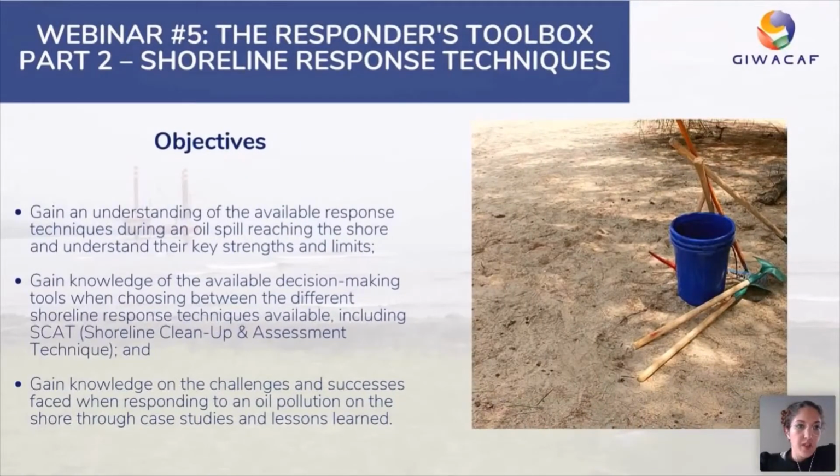Today we'll be talking about shoreline response techniques, with the objective of gaining an understanding of the available response techniques during the oil spill when reaching the shore, understanding their key strengths and limits, and also gaining knowledge of the available decision-making tools when choosing between these different shoreline response techniques.